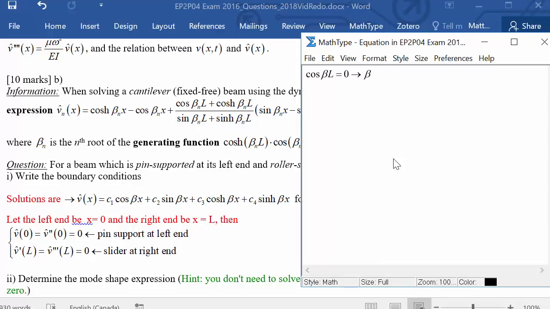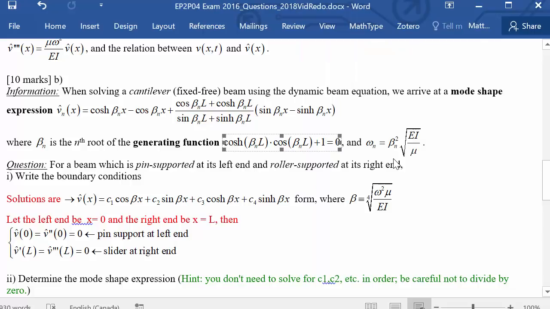So beta L is equal to n plus a half times pi. That's where cosine is equal to 0, and this lets you solve for beta n. So beta n is equal to (n plus 1/2) pi over L.